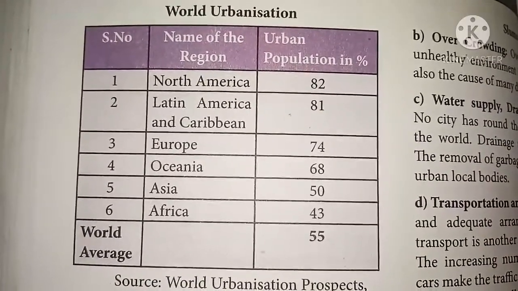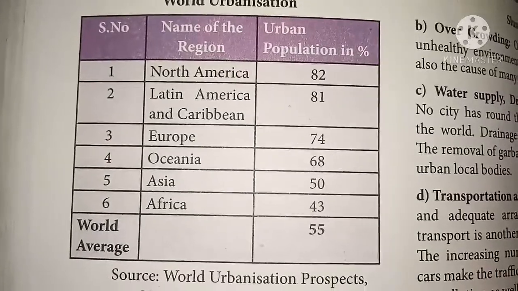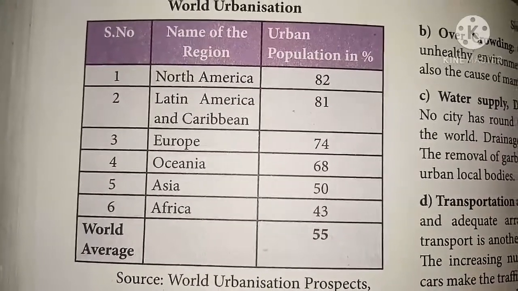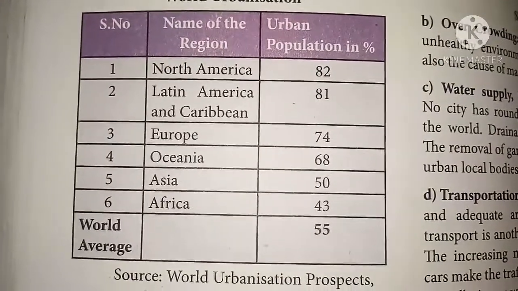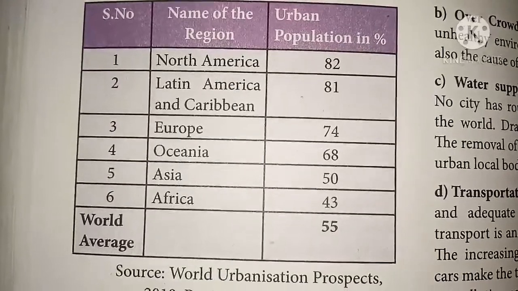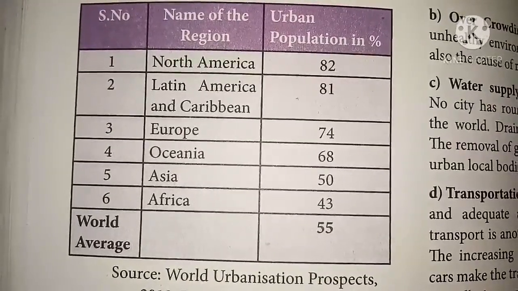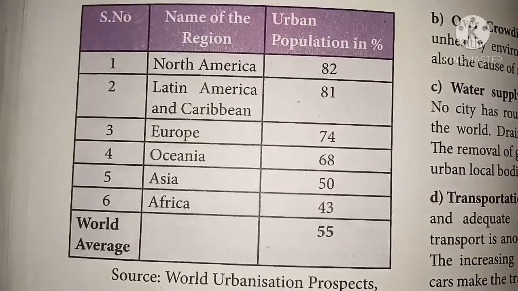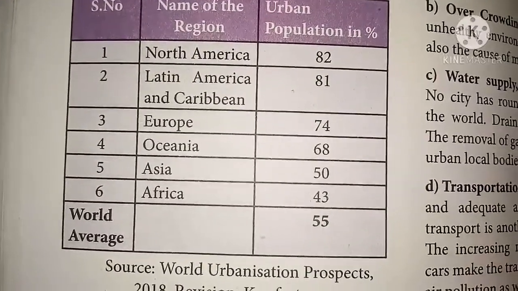Latin America and Caribbean, 81%. Europe, 74%. Oceania, 68%. Asia, 50%. Africa, 43%. So the world average is 55% of the population living in urban areas.